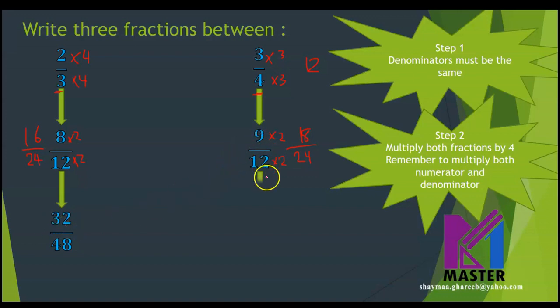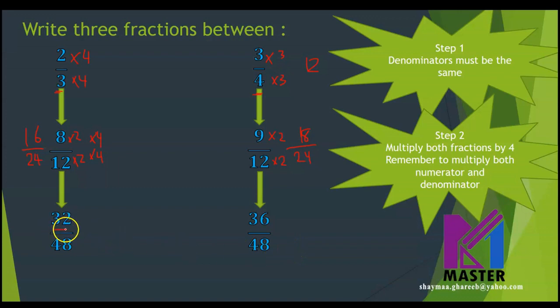If I multiply the 9 by 4, it will give me 36. Now I have 32 over 48 after multiplying up and down by 4, or multiplying by 2 one more time, so the 18 will be 36 and the 24 will be 48.